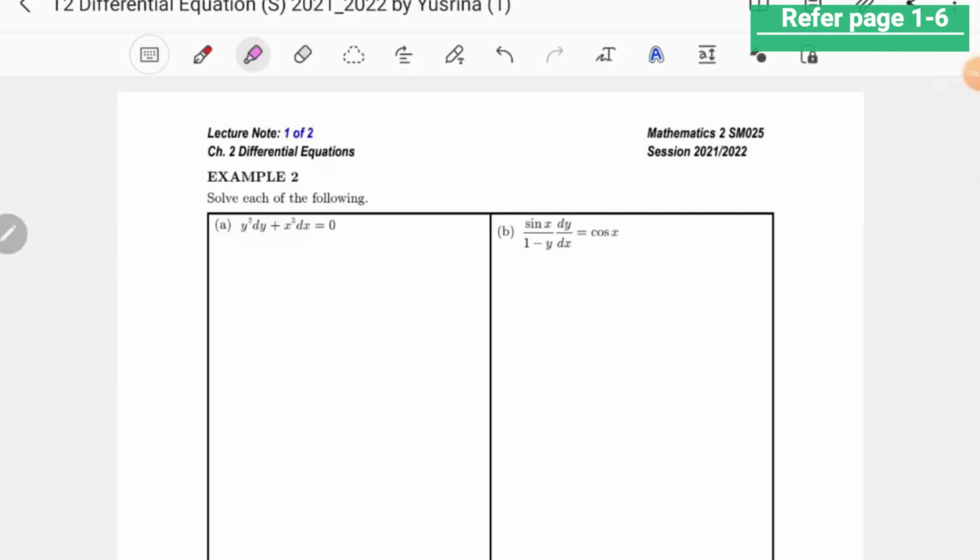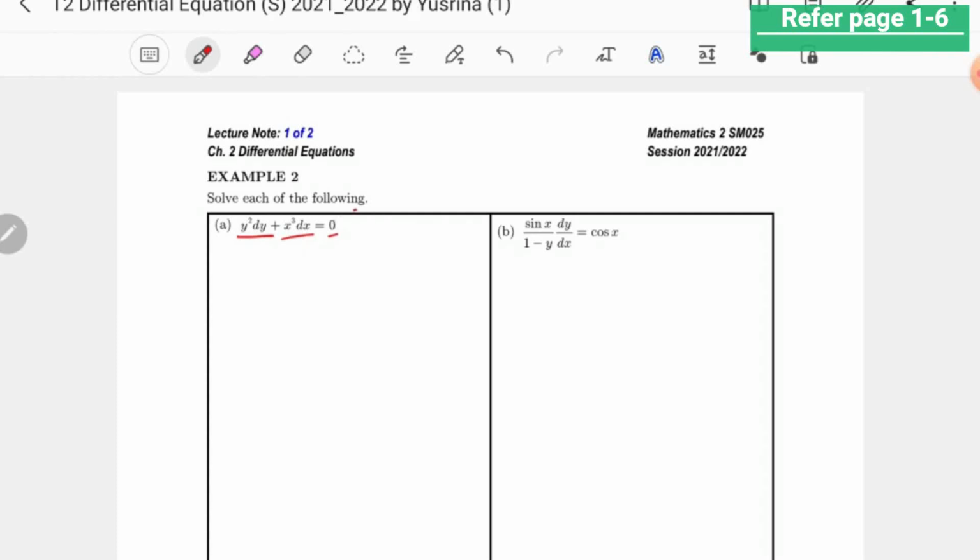Okay, so example 2. We have two terms excluding the constant, so normally we can solve by using separable variable.